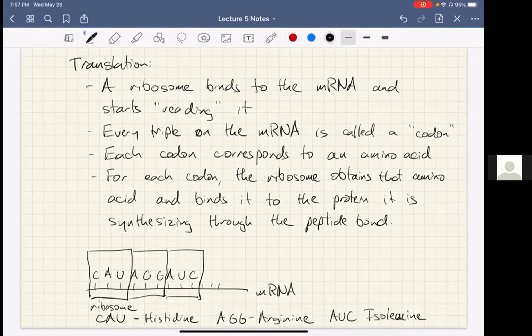So what we would have is through the peptide bond, we'd have histidine, arginine, and then isoleucine. And so on. And then we would continue to add custom amino acids.